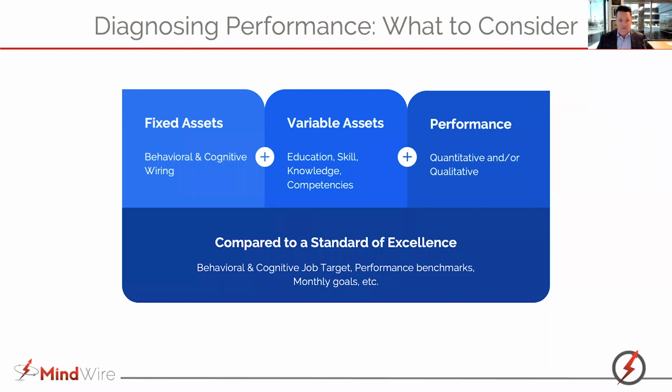So if you don't have great data on variable and performance, do not hesitate to proceed. We'll help you with that because we're still going to be able to diagnose and get to what we need to for the purposes of this. But those three things, fixed assets, variable, and performance, now we can triangulate and diagnose what's going on. Okay? So any questions before we move on to our little case study scenario here?